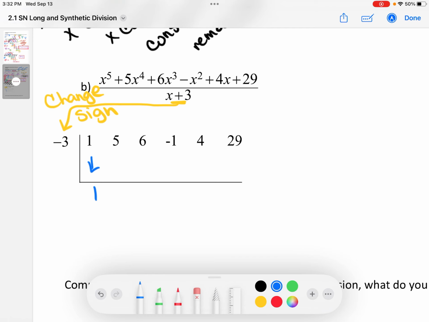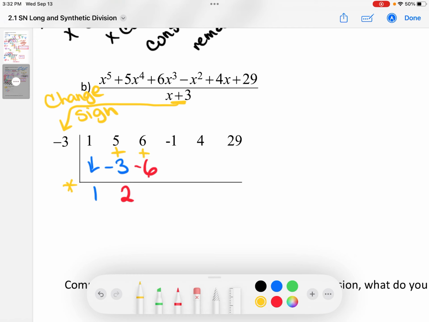Bring down this first term 1, and then we multiply and add. So we multiply -3 by 1, we get -3. Then we add 5 plus -3, or 5 minus 3, is 2. And we multiply. -3 times 2 is -6.